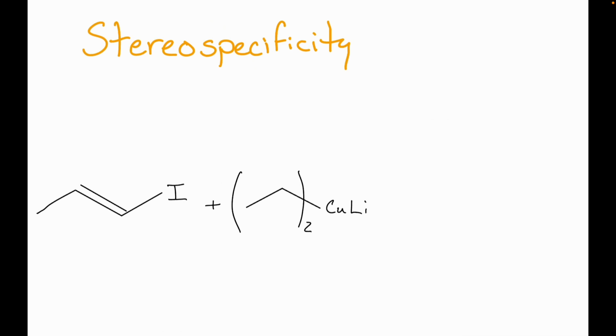Remember this double bond here, unlike our alkanes, which can rotate about all those single bonds, this thing's stuck in this particular configuration, where the iodine's on one side and the methyl group is on the other side, right? This would be the trans configuration of this particular alkene, right? Pointed in different directions.